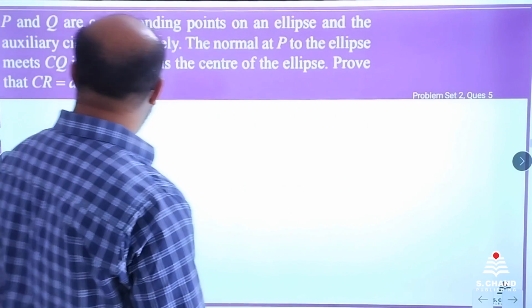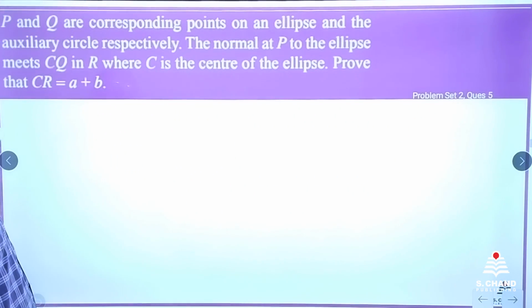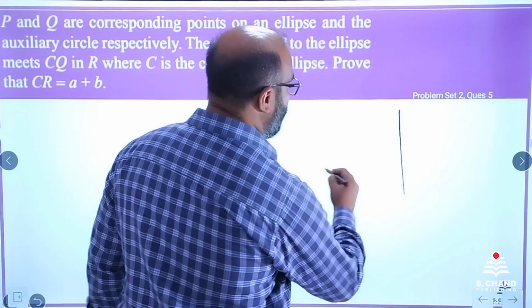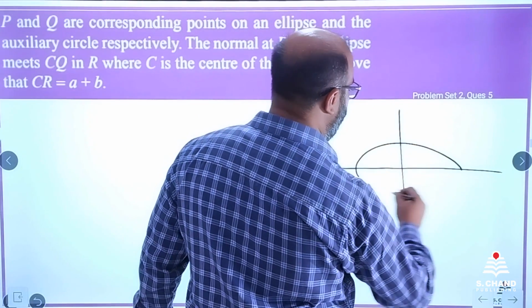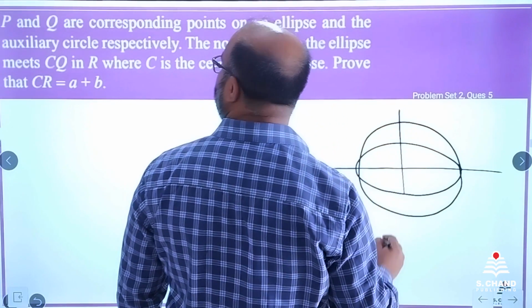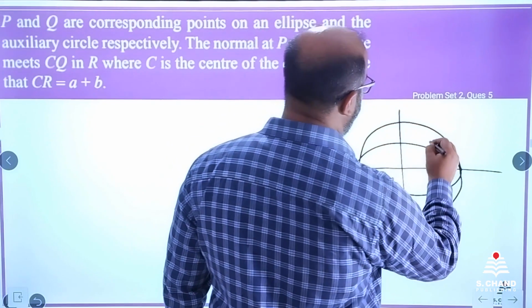Now if we talk about the next question, it says P and Q are corresponding points on an ellipse and the auxiliary circle respectively. The normal at P to the ellipse meets CQ in R, where C is the center of the ellipse. Prove that CR is equal to A plus B. So again, if we have an ellipse like this and we have the auxiliary circle like this, and P and Q are corresponding points.